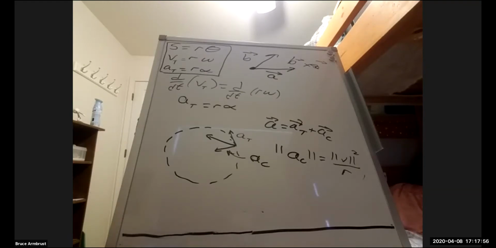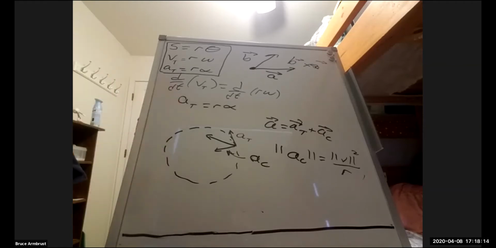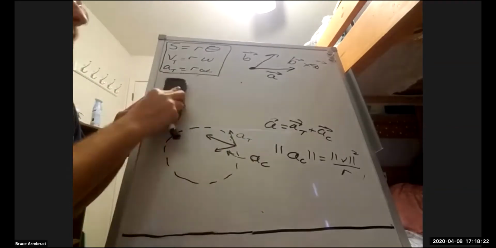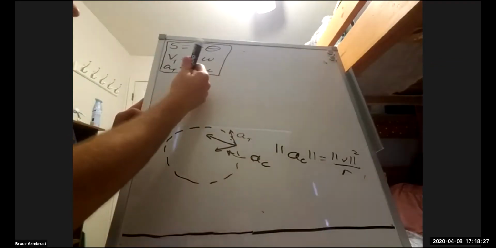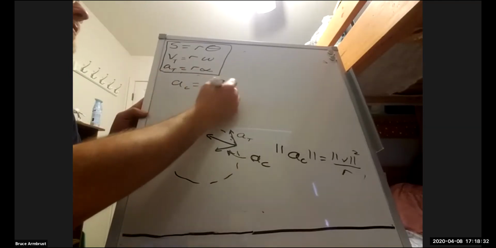So when you're going in uniform circular motion, a is equal to v squared over r. So your centripetal acceleration is actually dependent upon your velocity. But let me show you how we can tie this still further together.